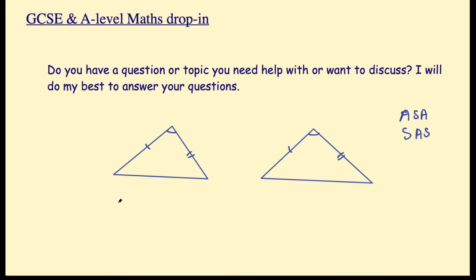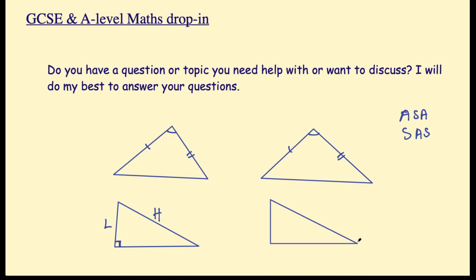You can also have the special case where you have a right angle triangle, and for that you only need the hypotenuse and the leg to be the same. I refer to it as the hypotenuse leg rule for congruence.